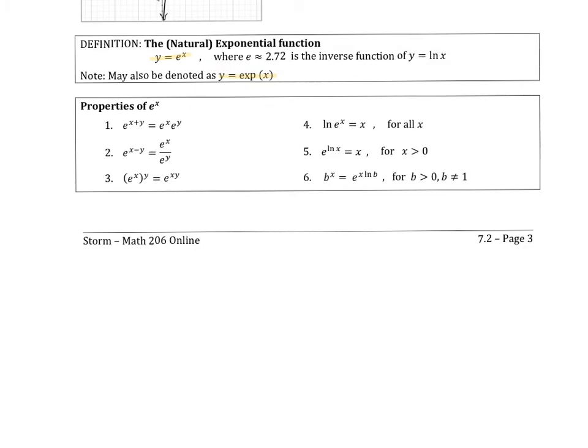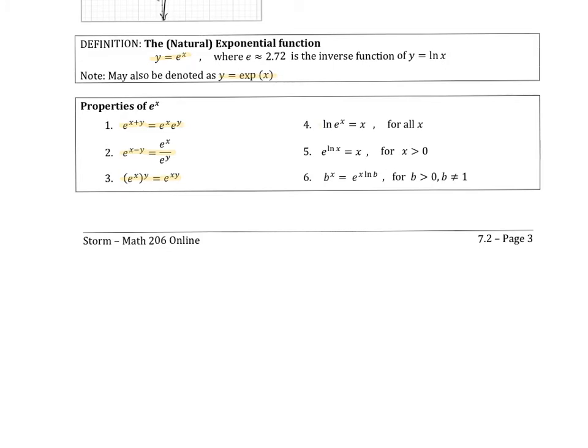Property 1, whenever you have a base, and in our case it's base e, and you're adding exponents, you can break it up into a product of e to the x times e to the y. Subtraction turns into division. If you take e to the x and raise it to the power of y, you can just get rid of the parentheses and multiply the exponents. So this is a property that we use quite often.